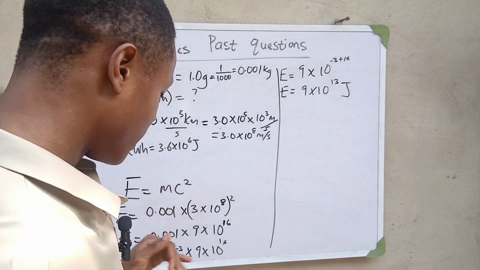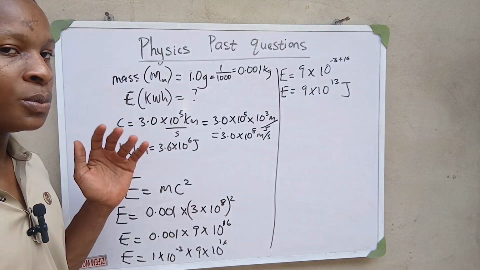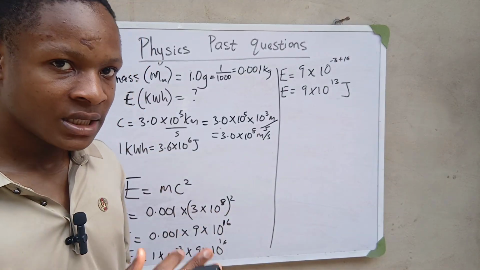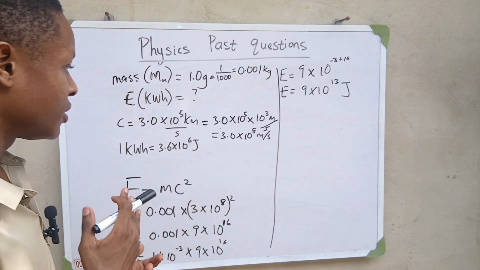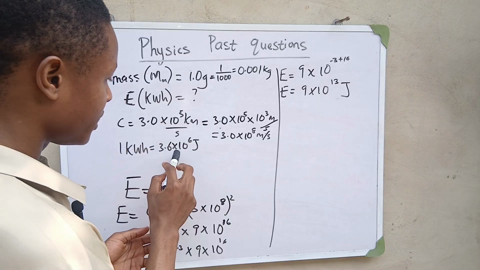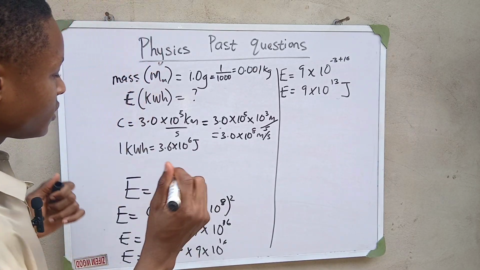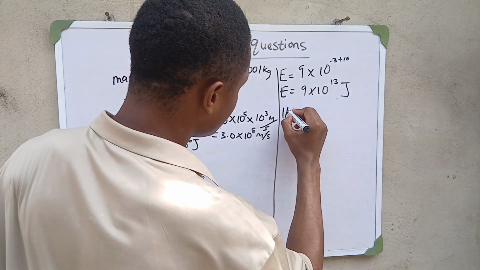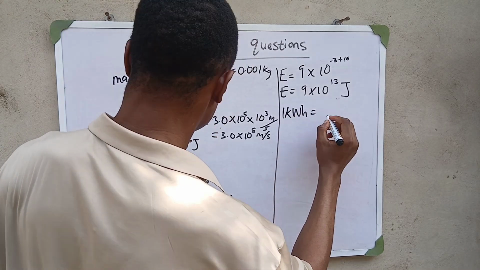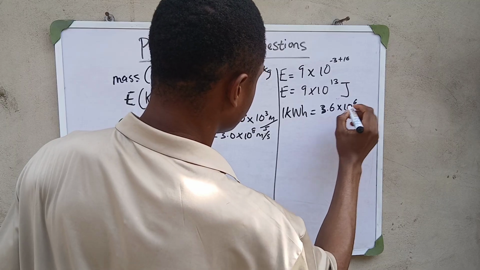Now, our energy that we get will be in joules, but they want our energy to be in kilowatt hours. So how are we going to convert it to kilowatt hours? They say 1 kilowatt hour is 3.6 times 10 to the power 6 joules. So for us to convert it, we say 1 kilowatt hour is equal to 3.6 times 10 raised to the power 6 joules.